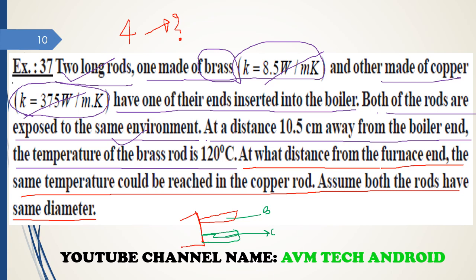So for this brass rod, at 10.5 centimeter distance from the boiler end, the temperature is 120 degree Celsius. Now the question asked to us is, at what length is the same temperature there. So friends, we just have to find out the distance where the temperature is 120.